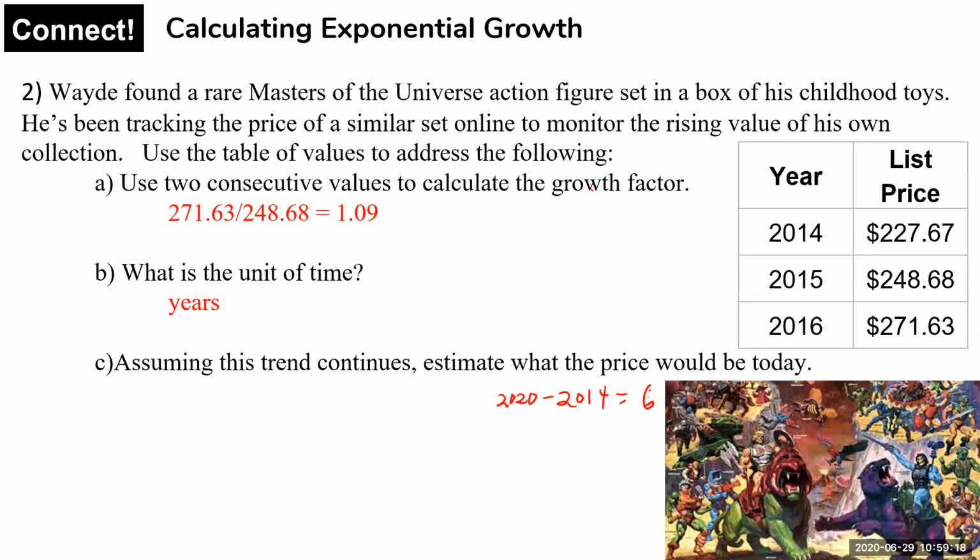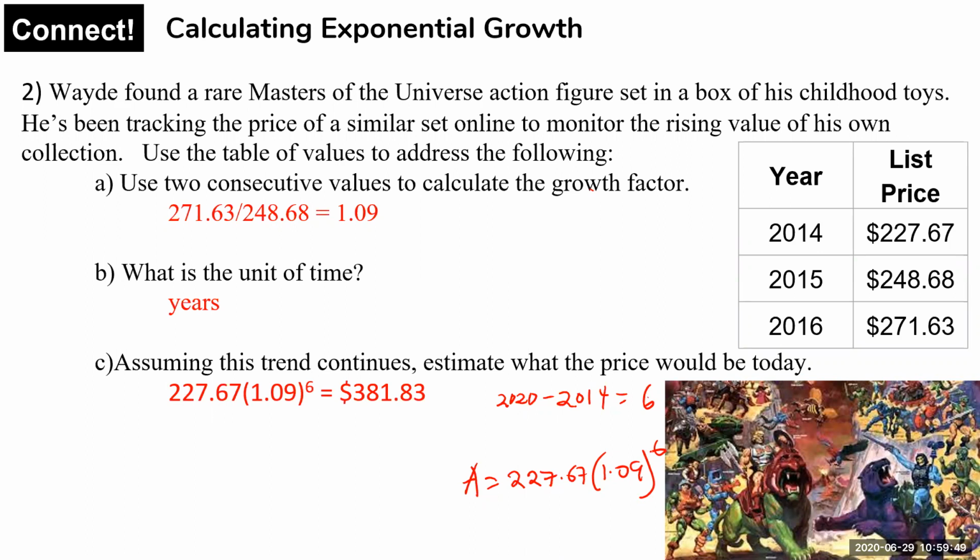So our T is going to be 6. So we know the amount is equal to the initial, and the initial value for 2014 is 227.67. We found the growth factor to be 1.09, exponent 6. And that will give us the price for 2020.